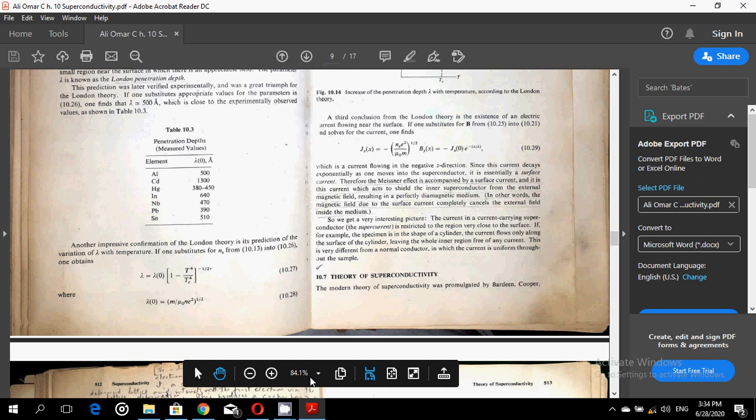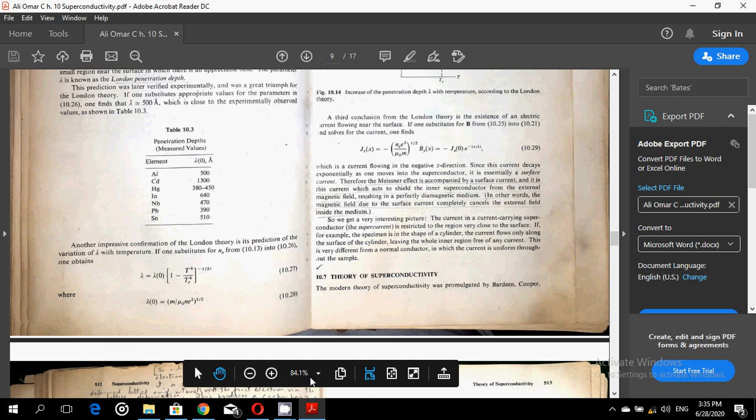Right at the bottom of this page we have the article Theory of Superconductivity. In fact, this is the BCS Theory of Superconductivity. So let me go through the text, and I will keep giving you the remarks alongside to understand this theory.